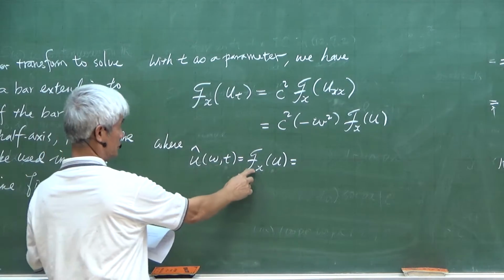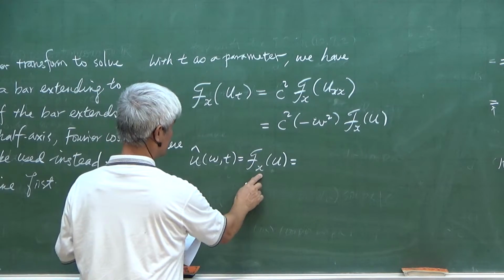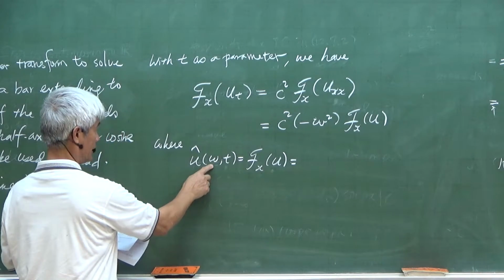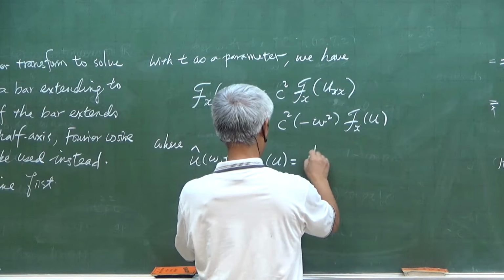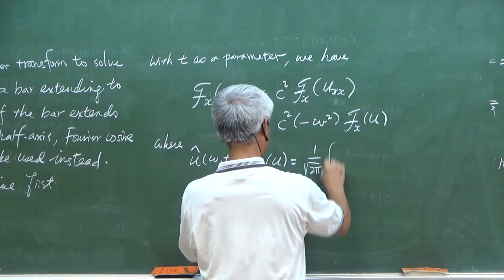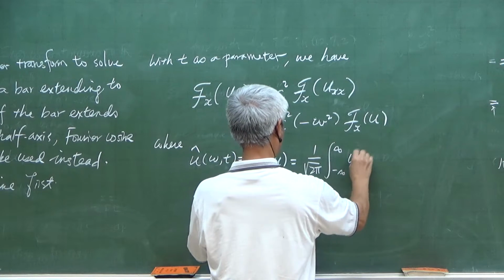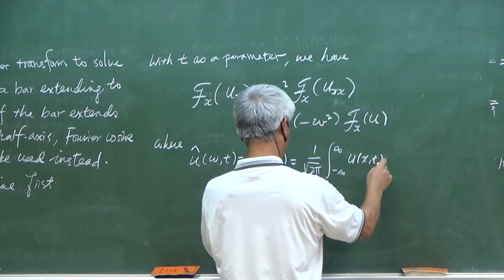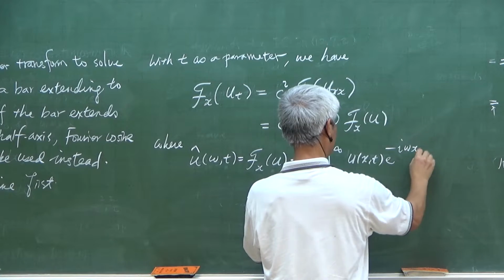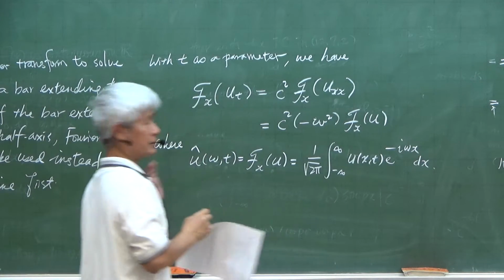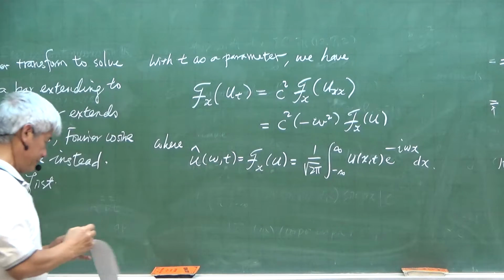So the Fourier transform will transform x to an omega function. And so this is 1 over square root of 2 pi, integral of u(x,t) e to the minus i omega x dx. Okay, so this is the Fourier transform.